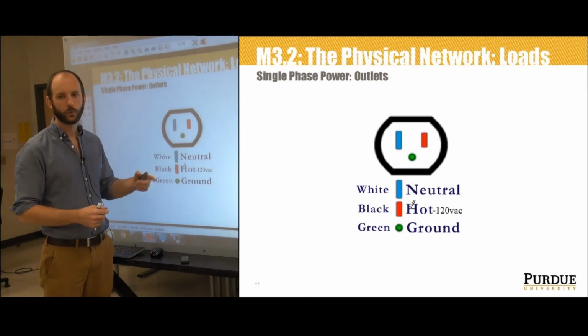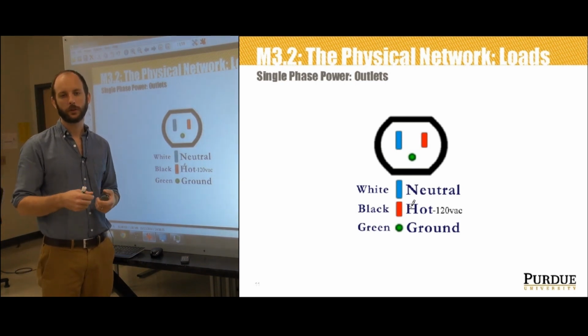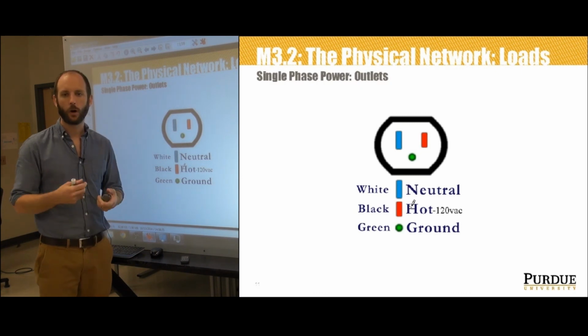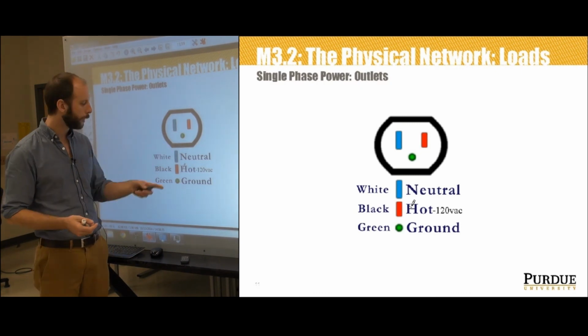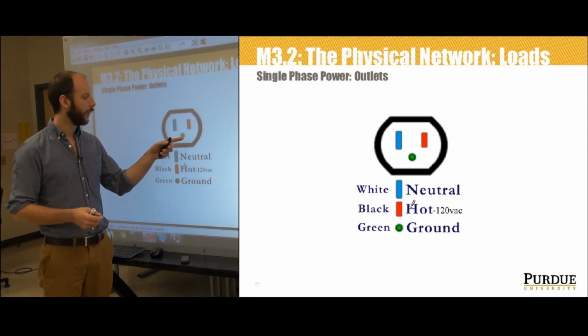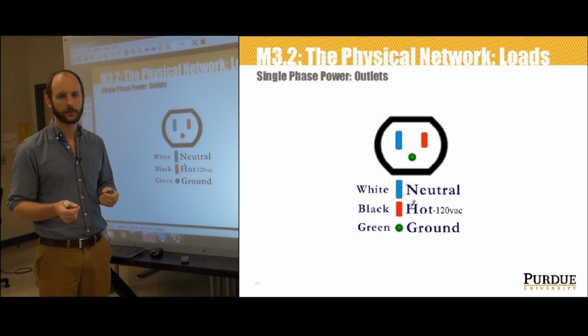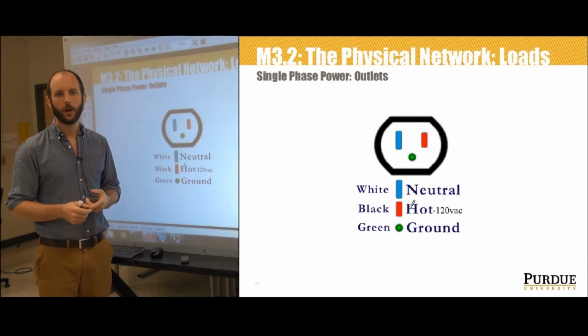The ground, which is called the earth, also is intended to connect physically to the earth, which is typically achieved by connecting to the water pipes in a building, and its purpose is to prevent shock hazard. This is really achieved by connecting the ground wire inside of an appliance to the plug that would plug into this.